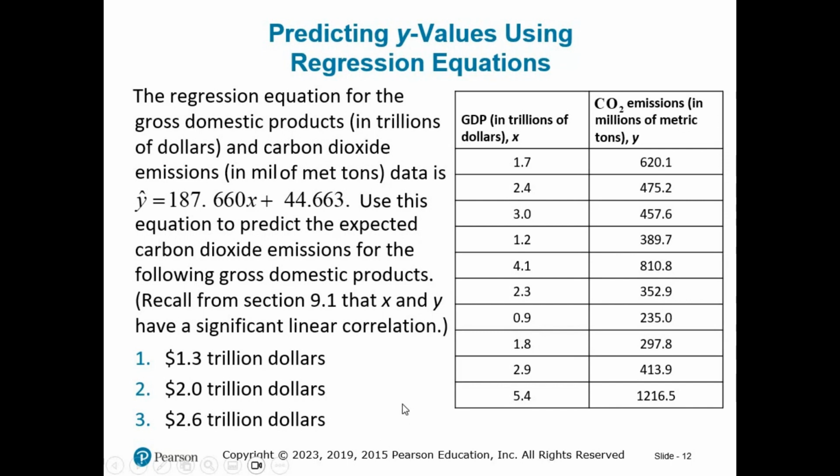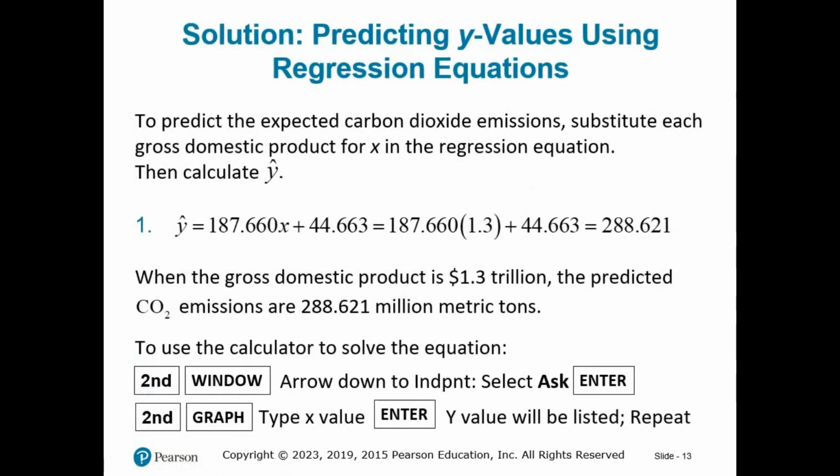You can do this by hand and just substitute this value in for x, but let's look at a way to do this with our calculator. Press the second button, then the Window button, then arrow down to where it abbreviates the word independent, and arrow over and select Ask, then press Enter. Next, press the second button again and the Graph button up above.